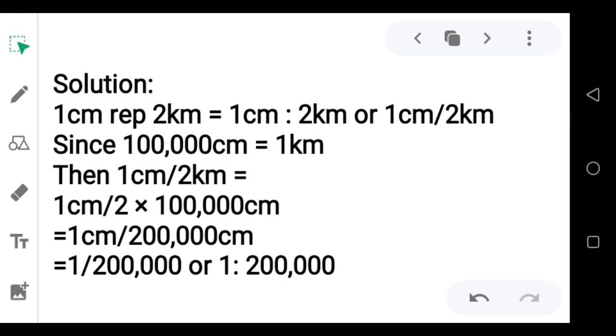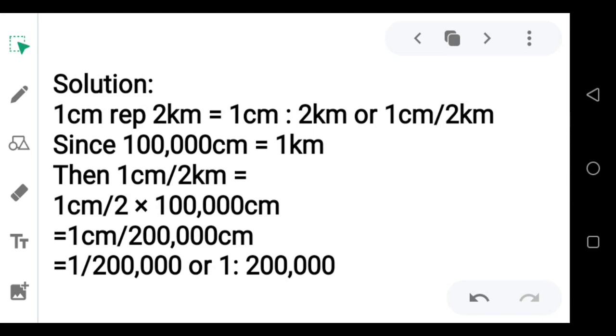1 centimeter represents 2 kilometer is the same thing as 1 centimeter to 2 kilometer, or 1 centimeter over 2 kilometer. Now, since 100,000 centimeter equal 1 kilometer, then 1 centimeter over 2 kilometer is the same as 1 centimeter divided by 2 times 100,000 centimeter. It's very clear.